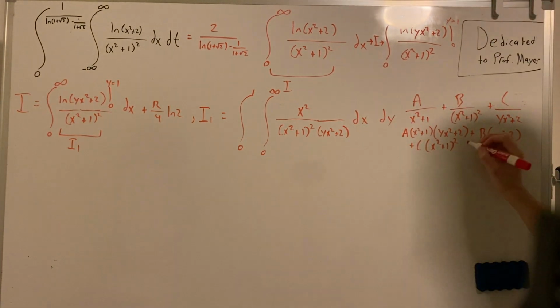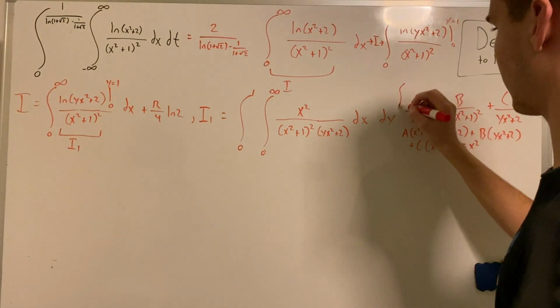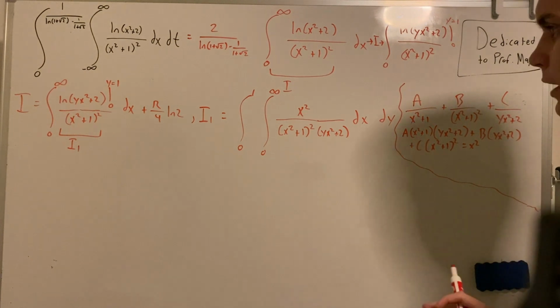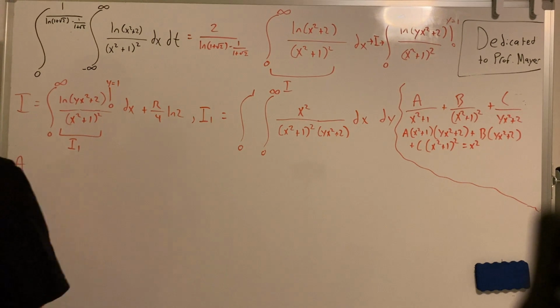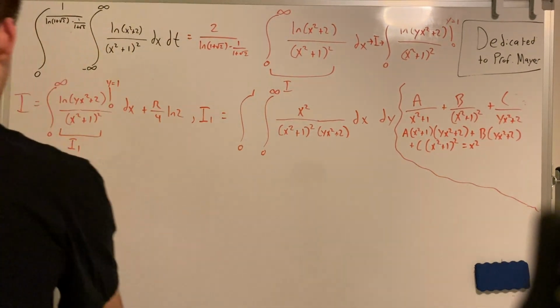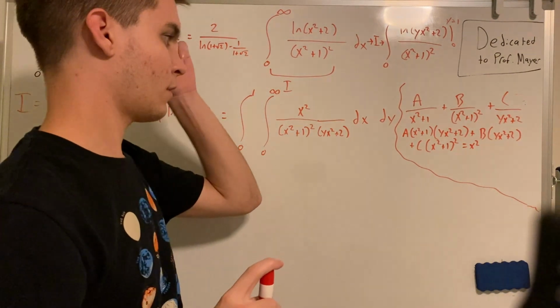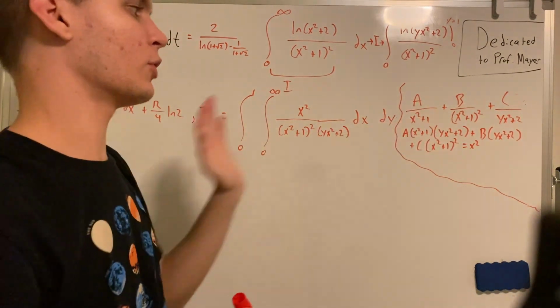Okay, great. All of this has to equal x squared. So I'm going to separate it and expand this. For A, let's put an arrow. I'm going to expand the inner terms and then multiply A by them.